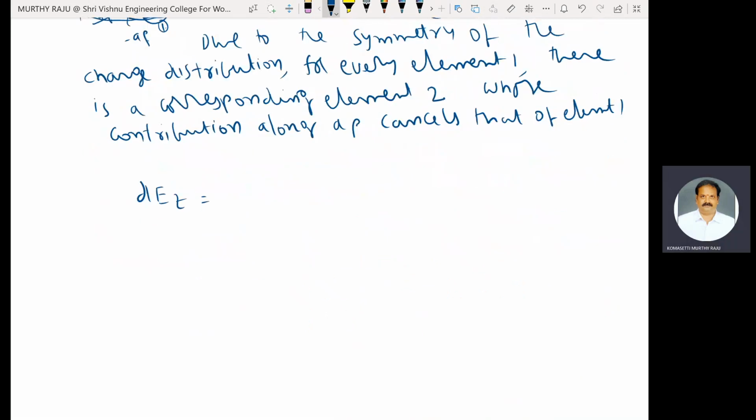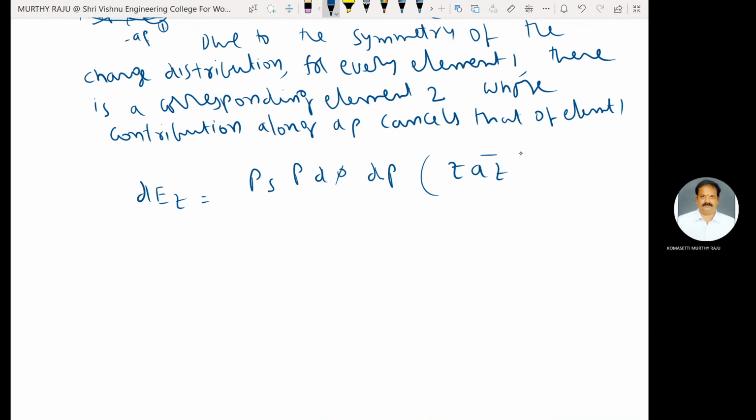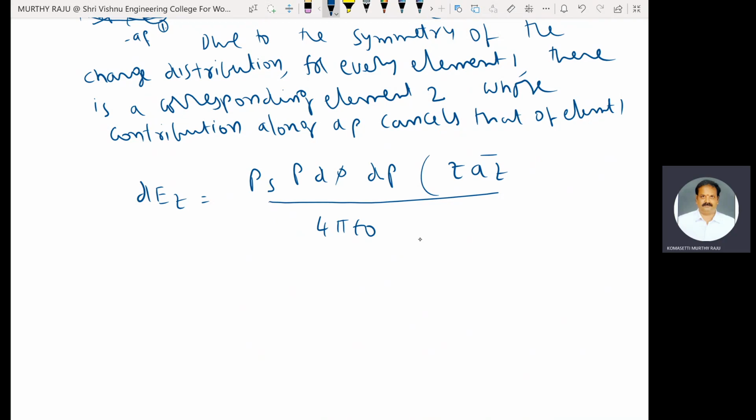Therefore, dEz only. dEz is equal to rho_s rho d phi d rho z a_z, divided by 4 pi epsilon 0 (rho square plus z square) to the 3 by 2.